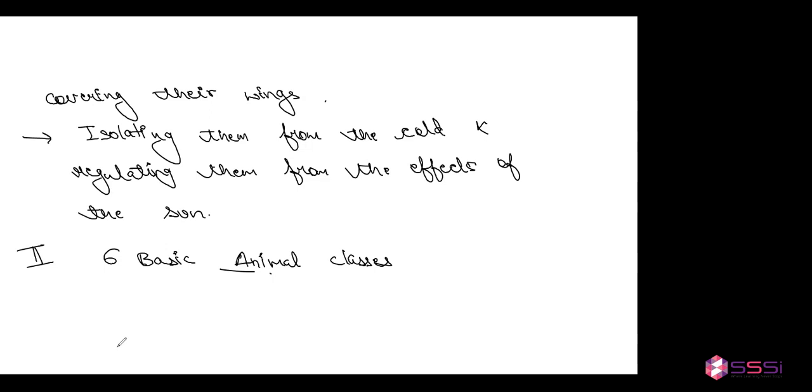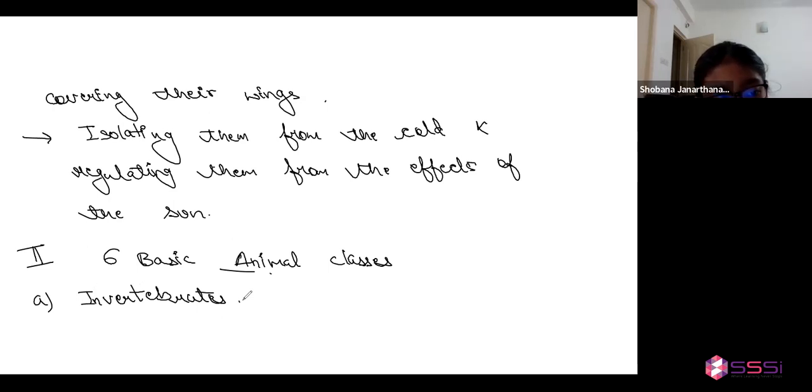The simplest is the spineless invertebrates, to the most complex mammals which can adapt to a wide range of habitats. First we discuss invertebrates. Invertebrates are those that are without spines. This is the first category.